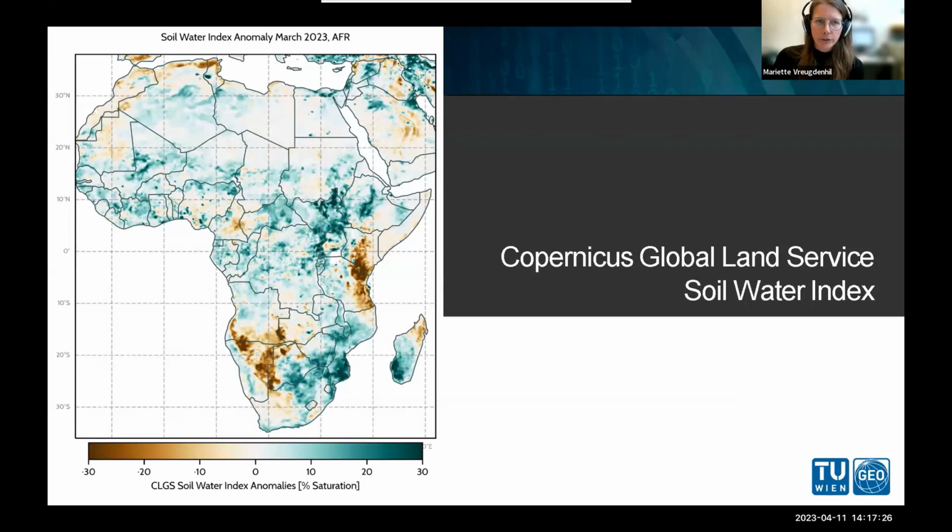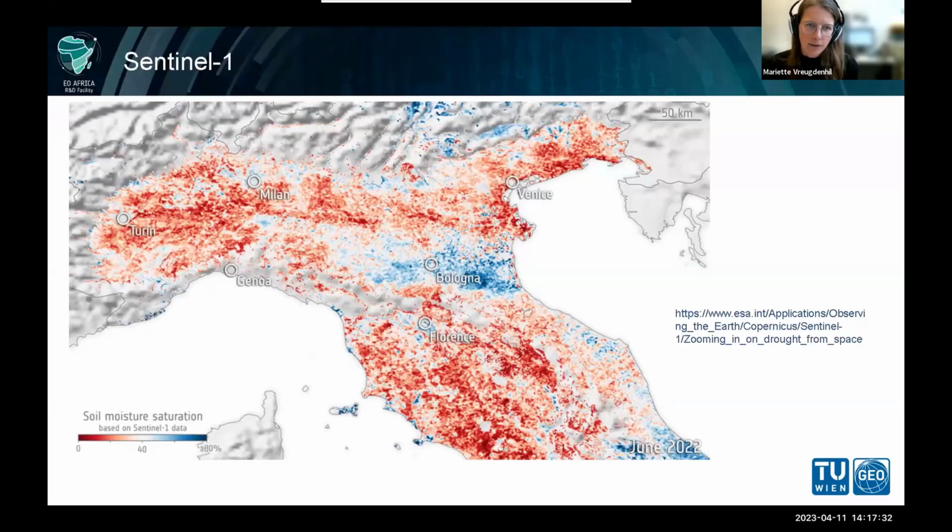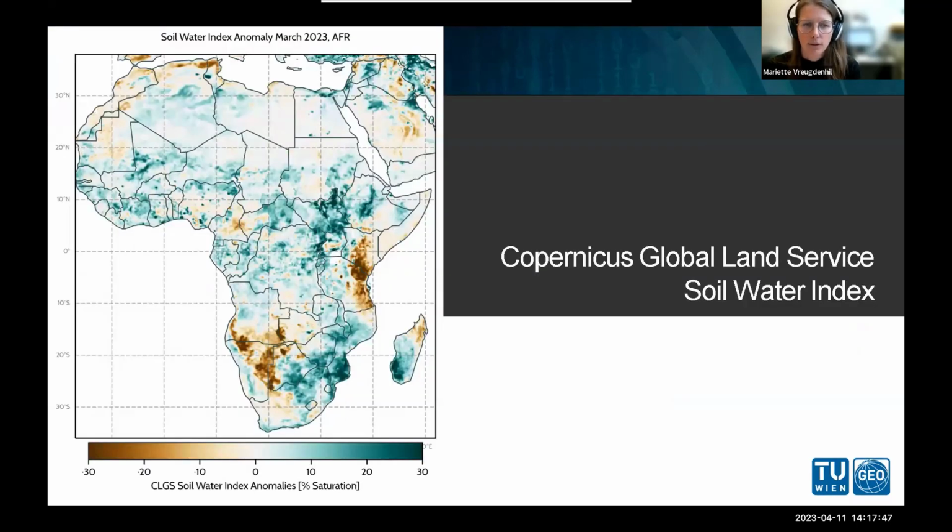But what we can also use, so this is an example for the Copernicus Global Land Surface, the soil water index. The challenge with using 500 meter data is, first of all, that you need to do the processing for this, which is computationally very expensive. So if you want to look at larger regions, you can also use a coarser resolution data set.